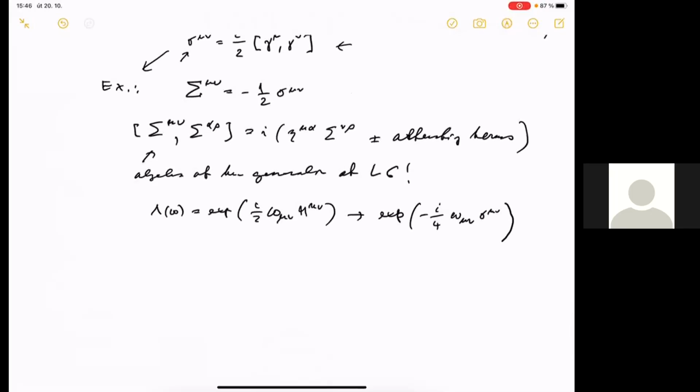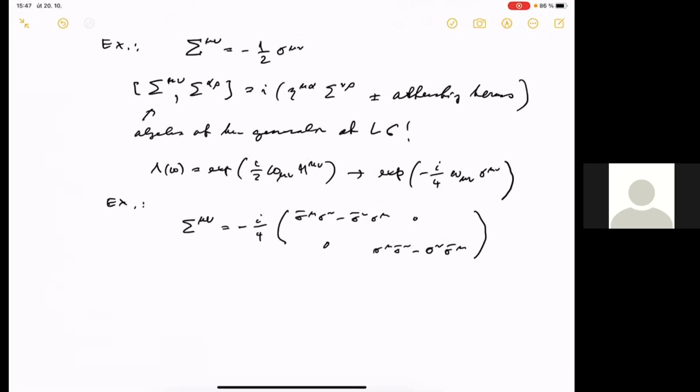And it is another exercise to find that these sigma mu nu matrices look like minus i over 4, sigma bar mu sigma nu minus sigma bar nu sigma mu, and sigma mu sigma bar nu minus sigma nu sigma bar mu.